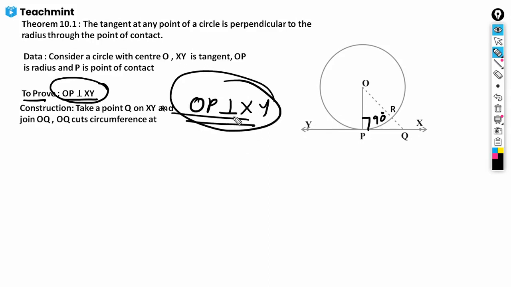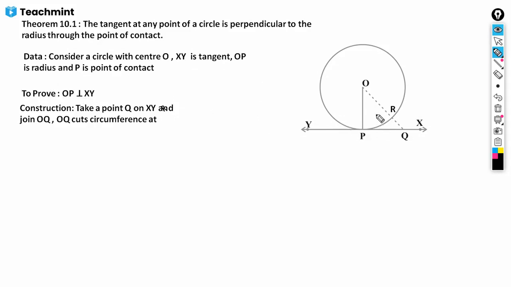After seeing this, the data is insufficient, so I'm going to do a construction. Take a point Q on XY, the tangent. You can take it on the right side or the left side; it's your wish where you take the point Q, but I have taken it on this side. Then join OQ.